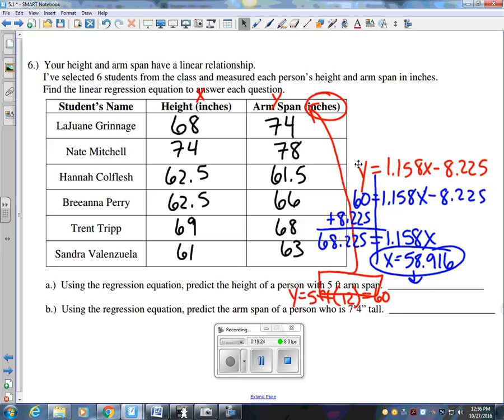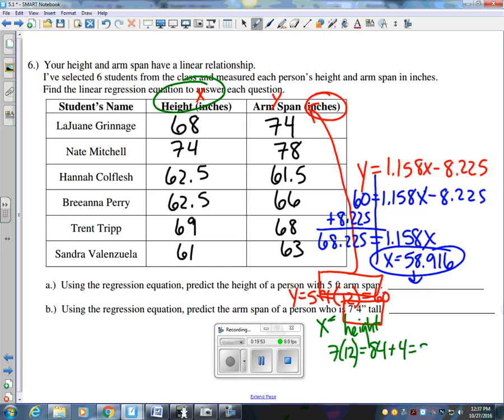All right, this next one, predict the arm span of a person who is 7 feet 4 inches tall. Well, that's a height. And if you look up at our table, height is x. So this is an x value, but it also needs to be completely in inches. So 7 feet, you would need to do 7 times 12, which is 84, and then you need to add the 4 inches onto that.